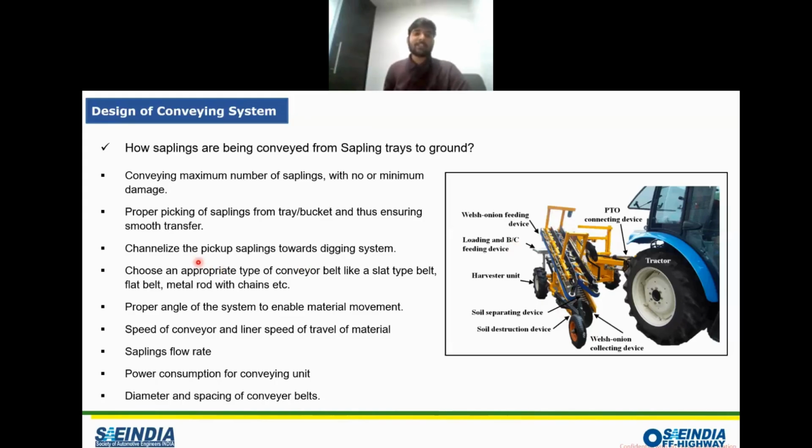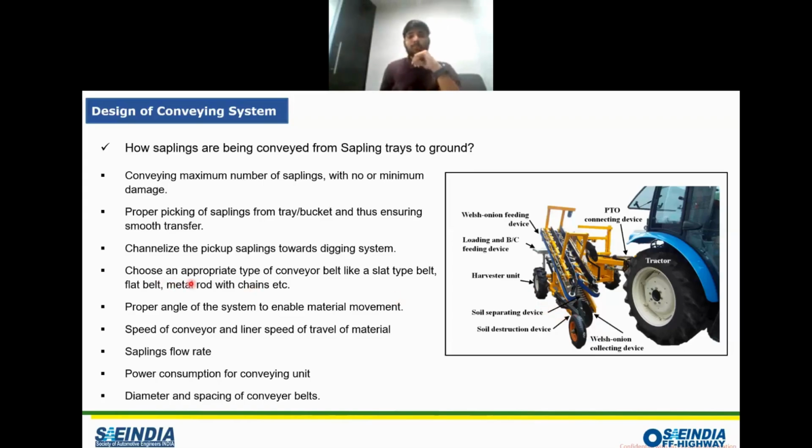Along with that, a channelized pickup system toward digging. The operation after conveying is digging only, so we need to maintain that proper channel, how it is transferring the plant and how smoothly it is providing it to the digging system, so that it can be easily located into the soil.